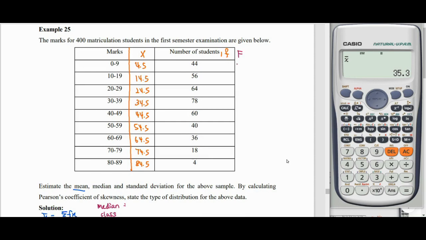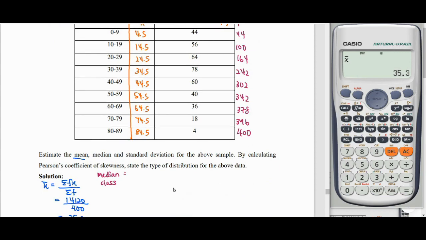So the cumulative frequency for this, we're going to accumulate one by one, class by class. Lastly, you will have 400. So the location of this median class will be n over 2, which is 200. So the class will fall on 30 until 39. So the median class will be 30 until 39.